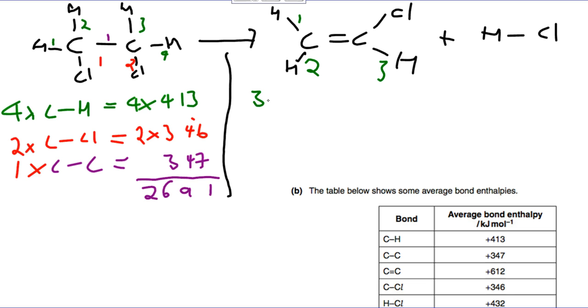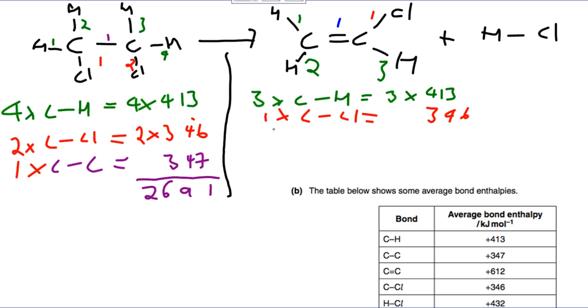Okay, so we've got 3 times CH bonds. So that's 3 times 413 this time. We've got 1 CCl bond. So 1 times CCl, which is 346. We have 1 C=C, which is equal to 612.